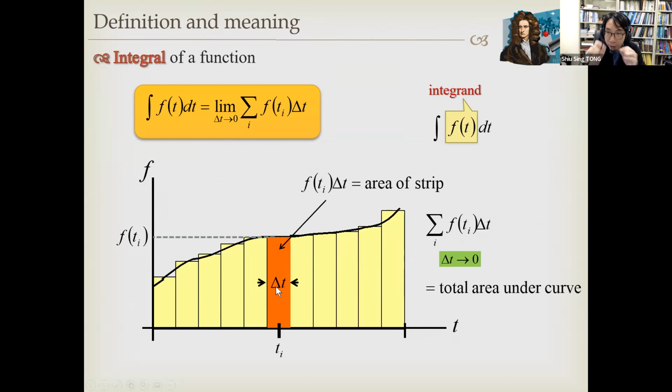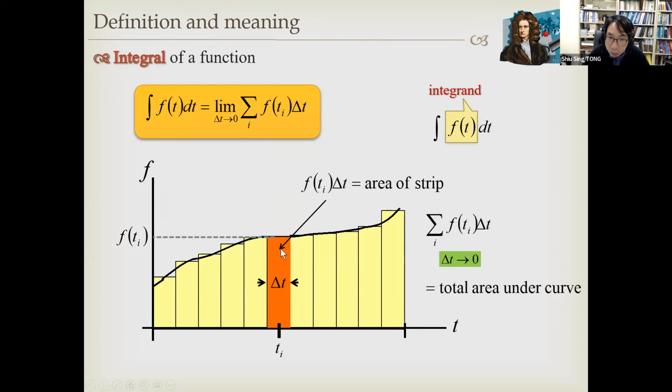Assume that each of the slices has a width delta t. So delta t is the width of each slice, and the height of the slice, for example, at the position ti, I can label all these slices using numbers: number 1, number 2, number 3, number 4, maybe up to number n.